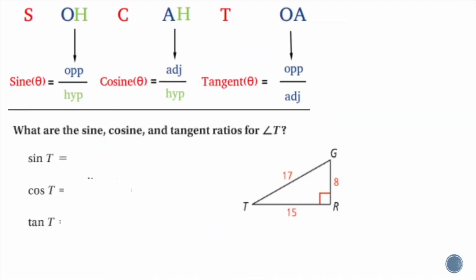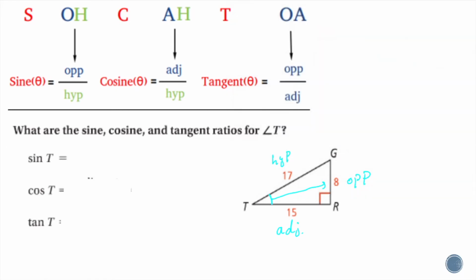So here I left this up for you. I want you to find sine, cosine, and tangent ratios for angle T. So before we begin, we have the opposite side, which is 8. That means that this is my adjacent side, and this is my hypotenuse.